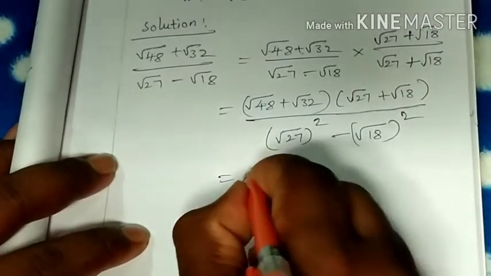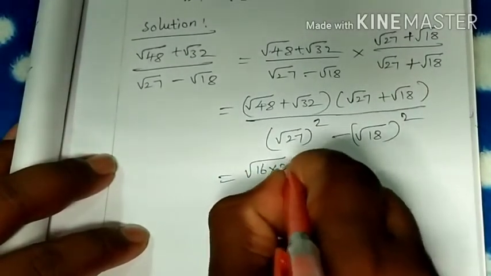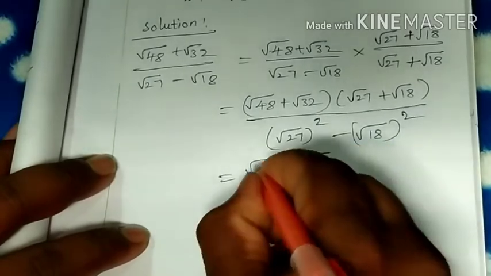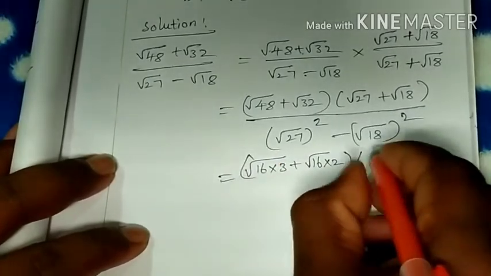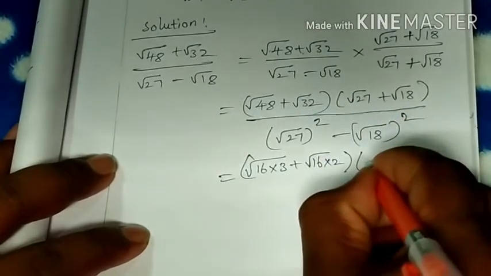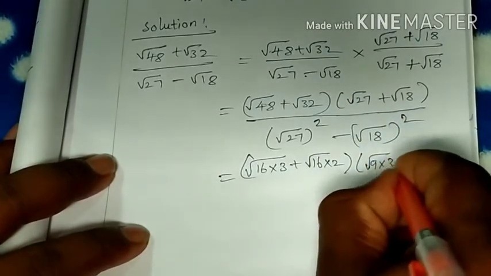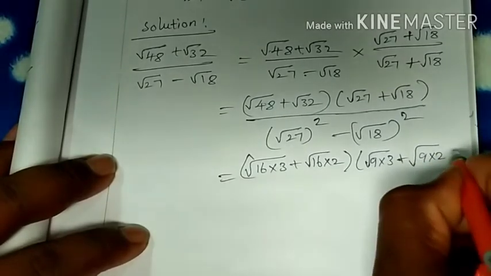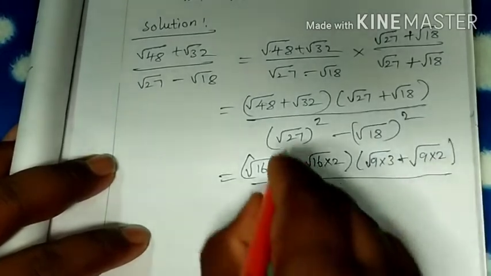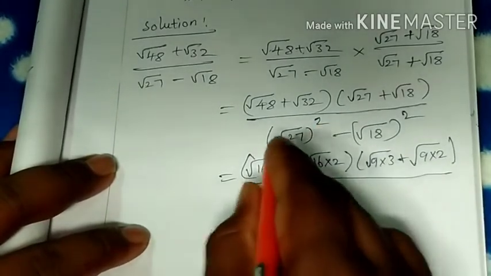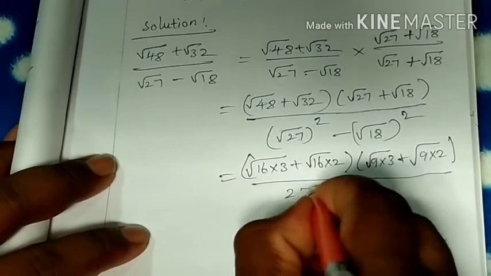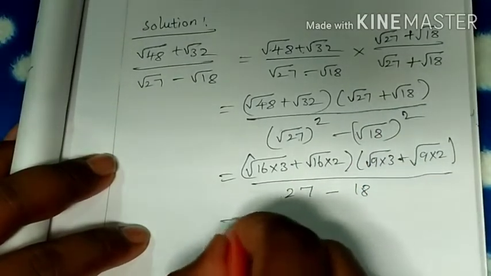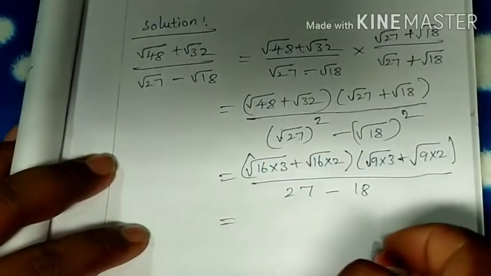Root of 48 can be written as 16 into 3, plus 32 is written as 16 into 2. Then the square root of 27 can be written as 9 into 3, and 18 is 9 into 2, whole divided by root 27 squared minus root 18 squared. Root 27 squared is 27 minus root 18 squared is 18, so the square and square root cancel.